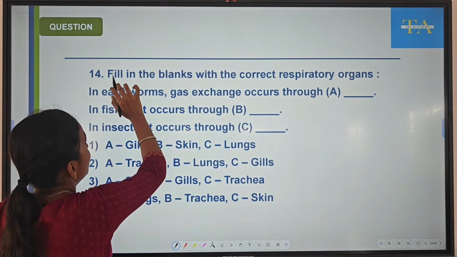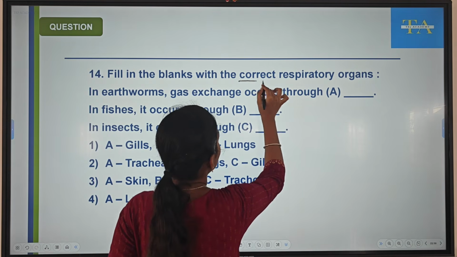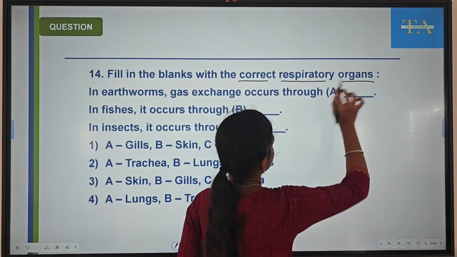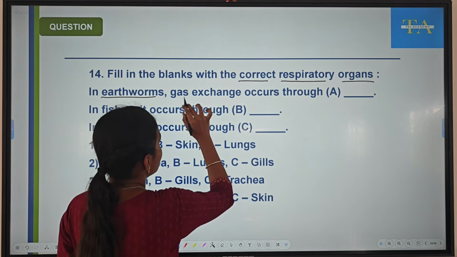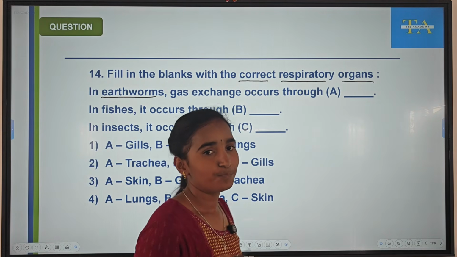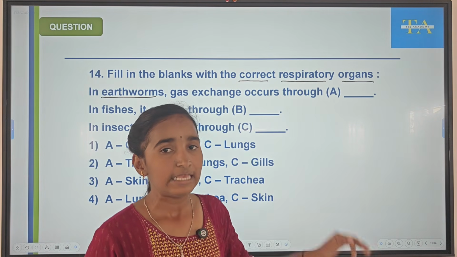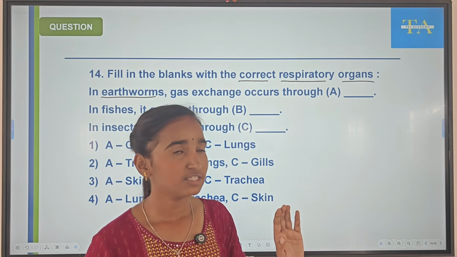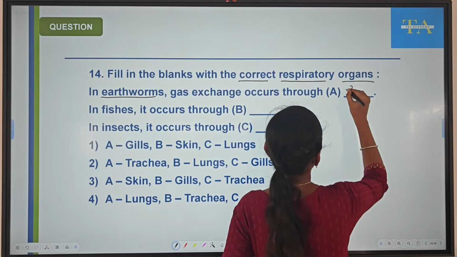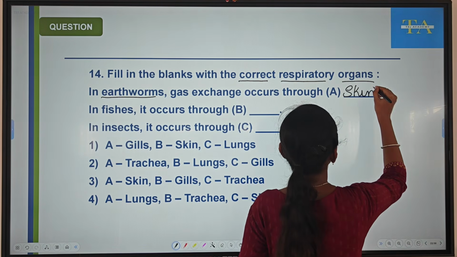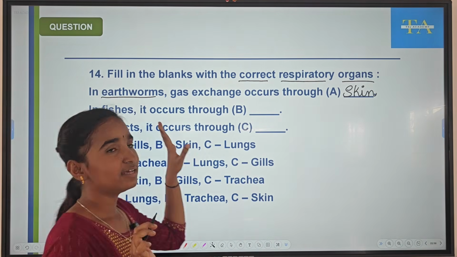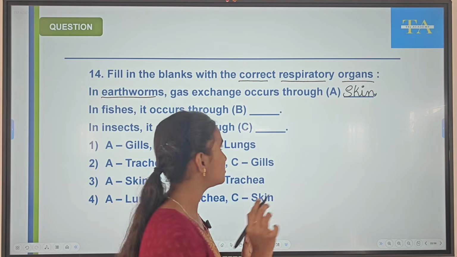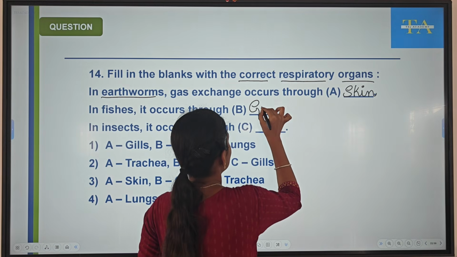Next question says, fill in the blanks with the correct respiratory organs. First, in earthworms, gas exchange occurs through... This you have to remember. In earthworm, gaseous exchange occurs through its skin. Next, fishes. In fishes, respiration occurs through specialized structures called gills.